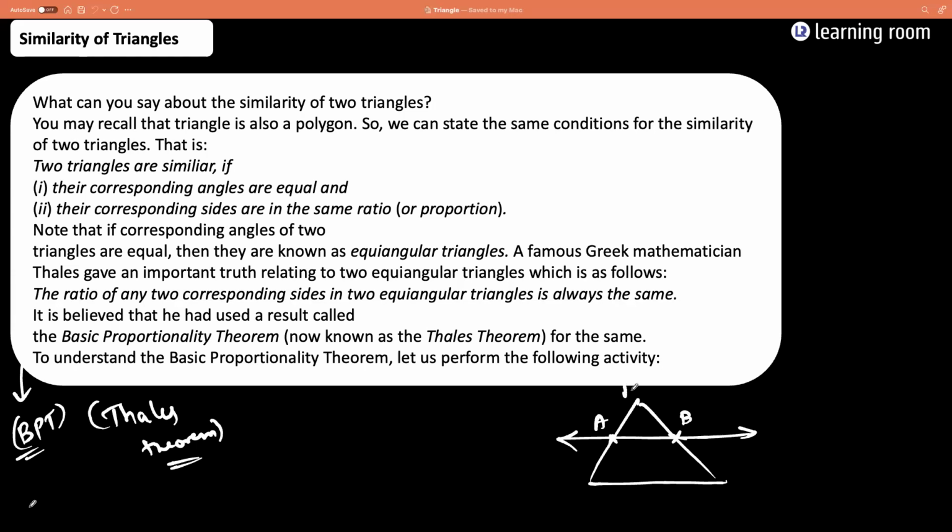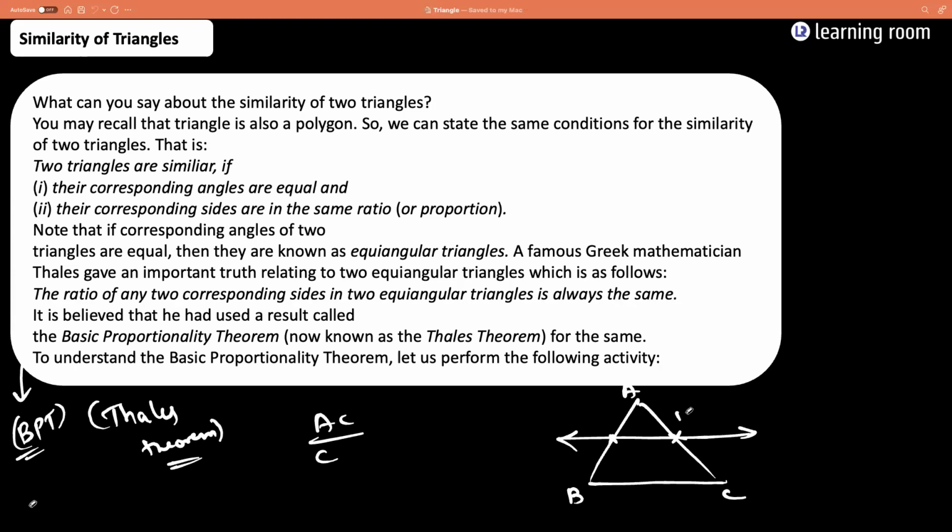for example, if I call this triangle ABC, and this is going to be D and E, where DE is parallel to BC, then what can I say? It divides the other two sides in equal ratio.